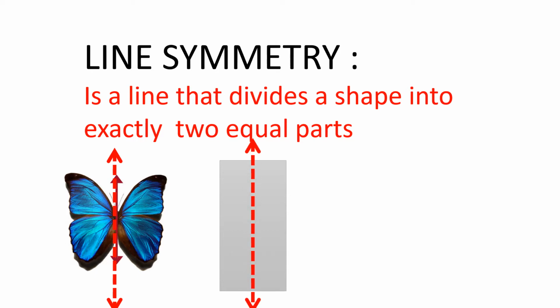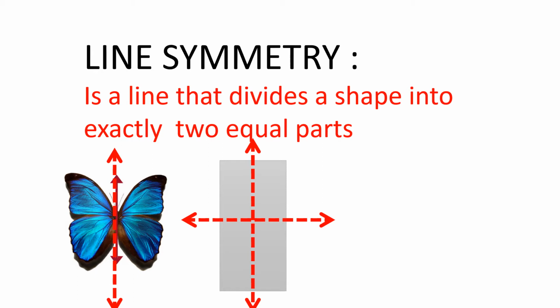Now, if you look at the two parts of the rectangle, they are exactly the same. And also, if you draw a line horizontally like that one, that line also divides the rectangle into exactly two equal parts. So for the rectangle, guys, how many lines of symmetry? Yes, we can draw two lines of symmetry for the rectangle.